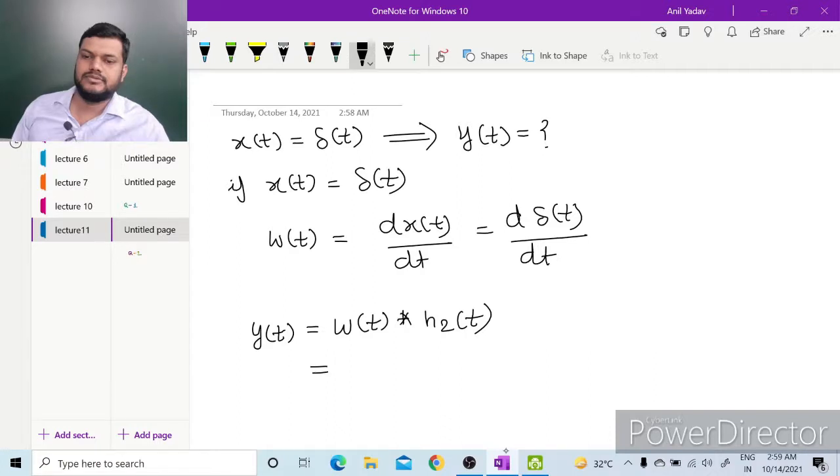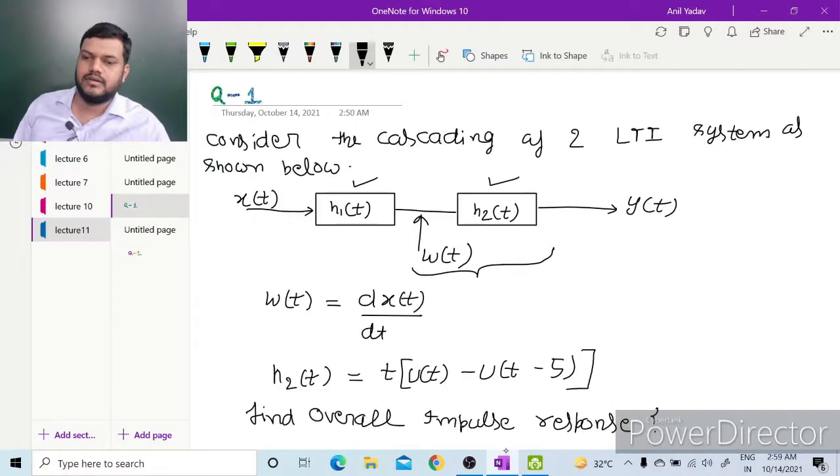So w(t) is the derivative of δ(t), convolved with h2(t), which is given as t[u(t) - u(t-5)]. As we can see, this derivative and convolution are both linear operations, so we can interchange them.